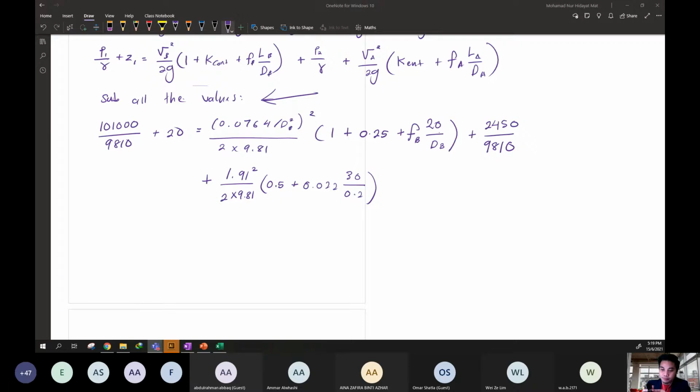You press mode 4 times, and then go to equation 1, and then choose unknown. How many unknowns do we have here? We have unknown 1, DB, and FB. So we choose unknown 2.